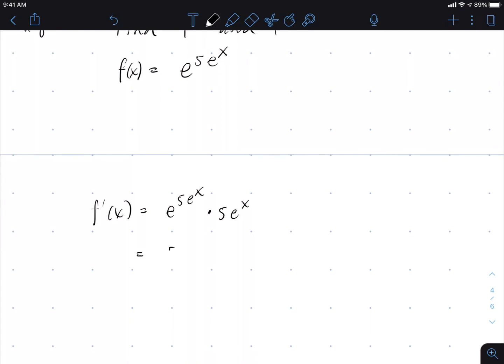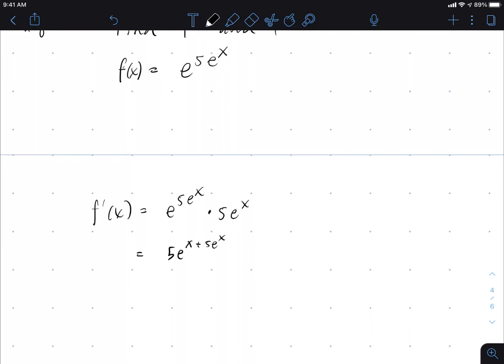I'm going to get 5e to the x plus x. That's just cleaning it up, right? Because they have the same base. Oh, yeah. So since they have the same base, I can clean them up that way.